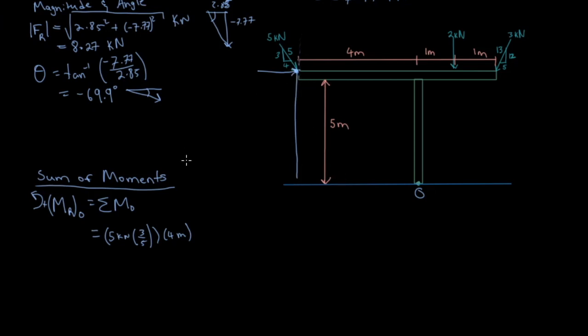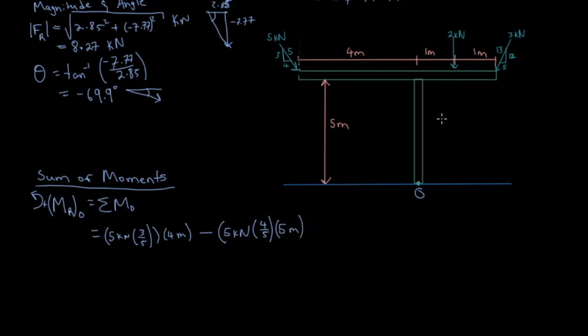What you'll also notice is that this horizontal component points this way, which causes a clockwise rotating tendency, so therefore it will be negative. So we have 5 kilonewtons times 4 over 5 times its perpendicular distance, 5 meters. Okay, so that's it for this force here.